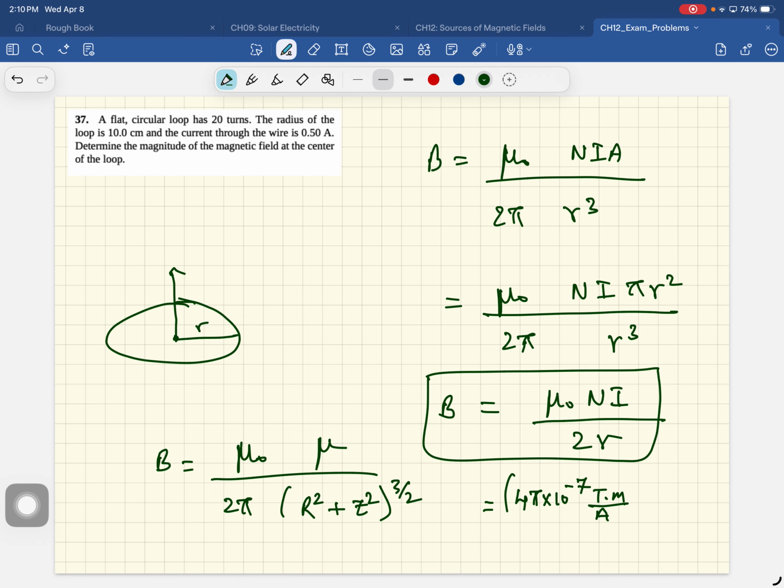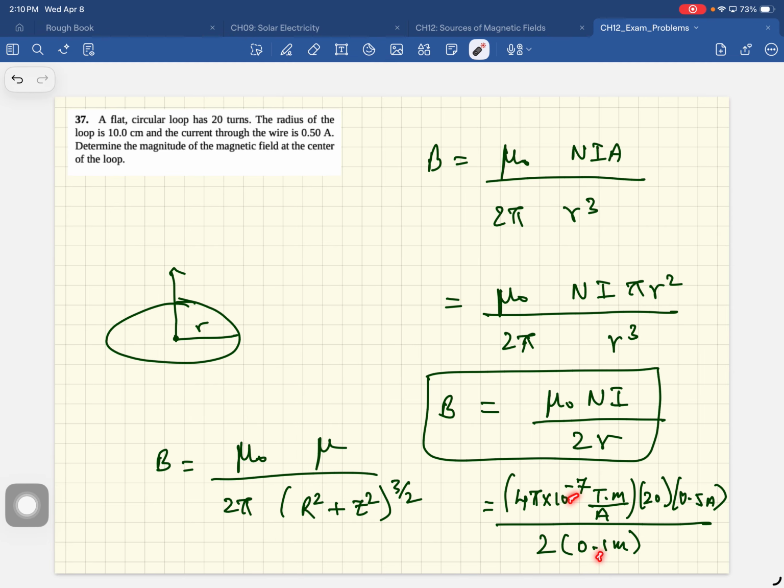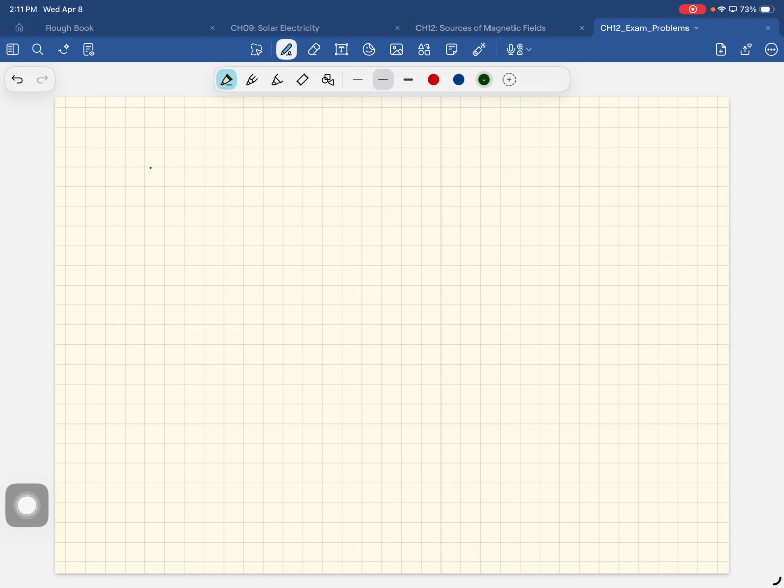Since the fields are in the same direction, the net field is equal to B1 plus B2, equal to 2B1, equal to 2 times, B1 is mu naught over 2 pi, N I area over r squared plus d by 2 squared.